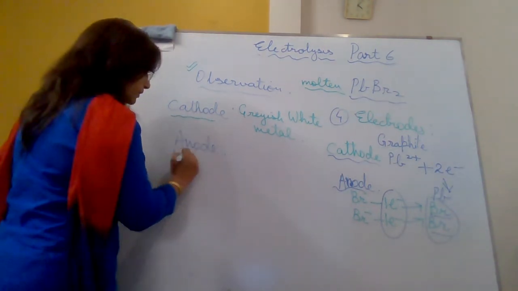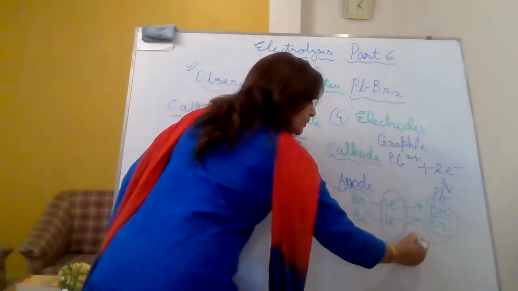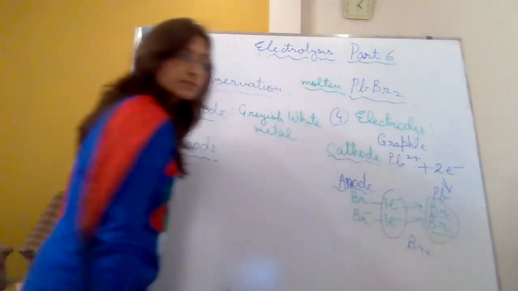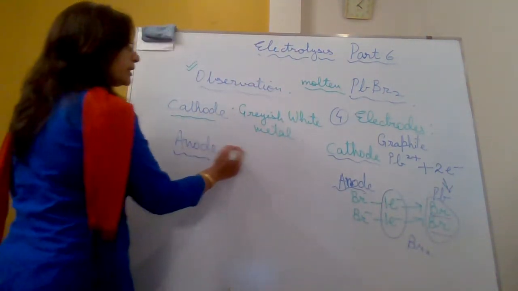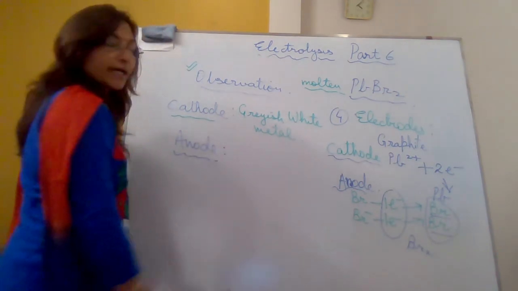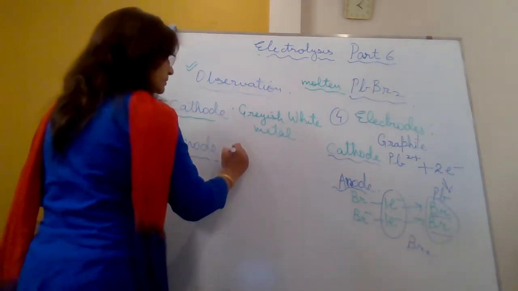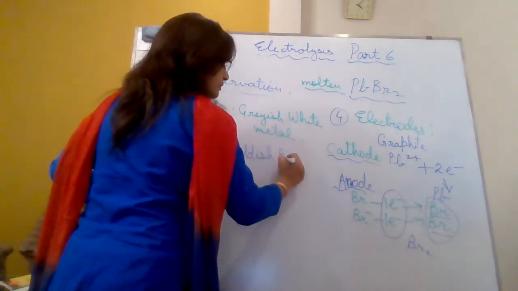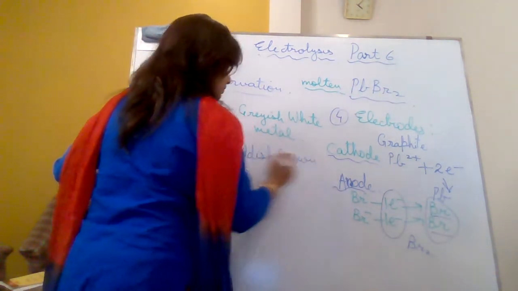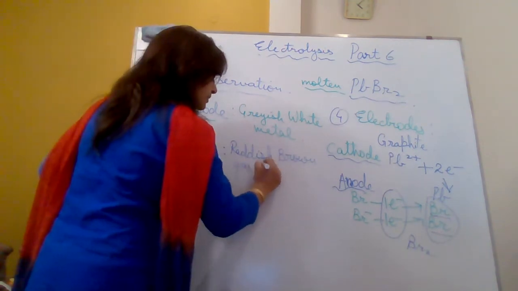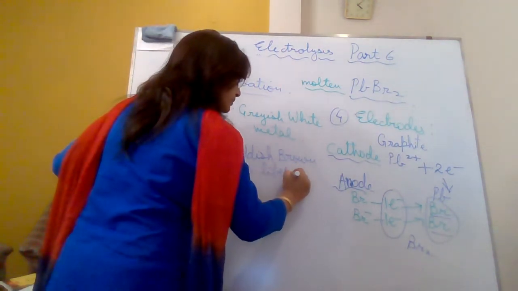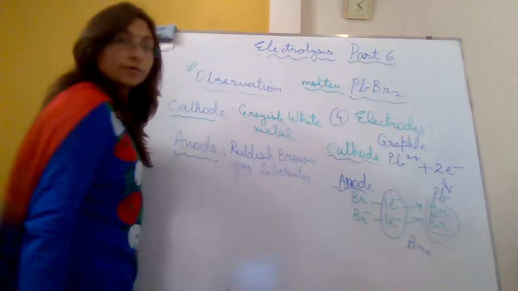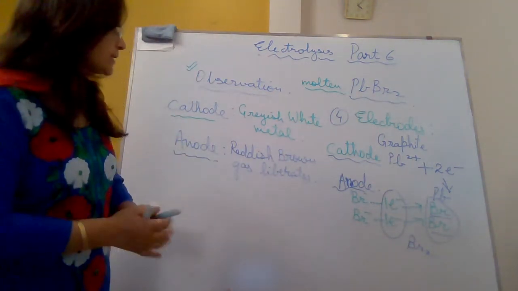So at anode, since bromine gas is liberated, and the color of bromine gas is reddish brown, we will simply say reddish brown gas liberates, right? The reddish brown gas liberates.